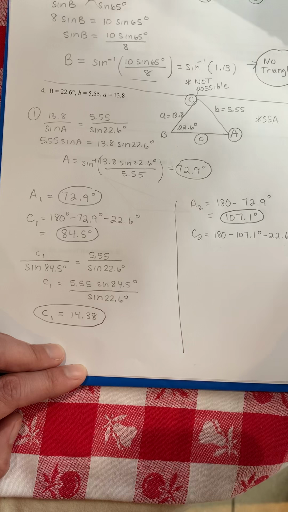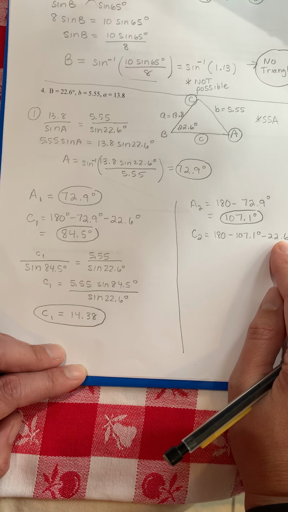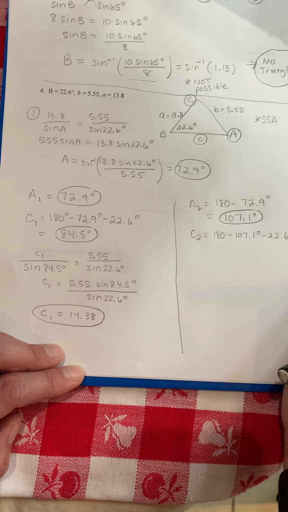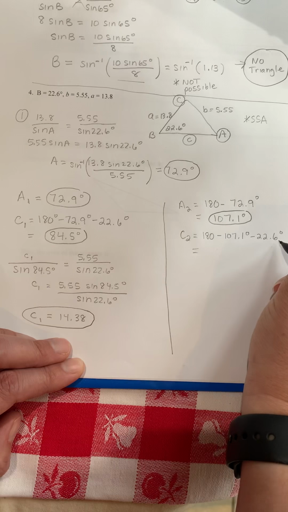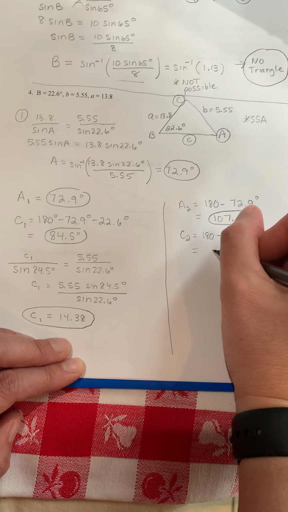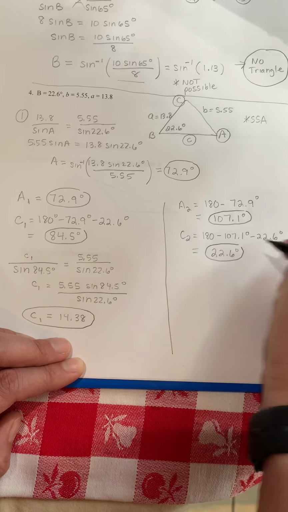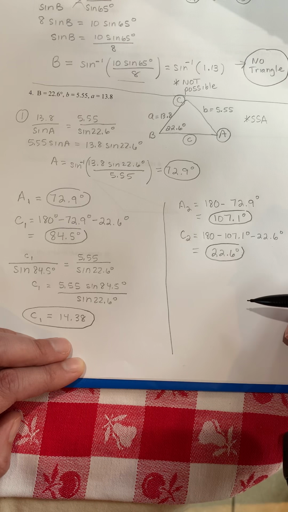If you end up getting a positive answer here, then you will definitely have a second triangle. If you do this computation and get a negative answer, that tells you there wasn't enough room for this angle, and you can be done. When we subtract, we do get a positive angle, so that tells us that there was enough room for this third angle in the second triangle.